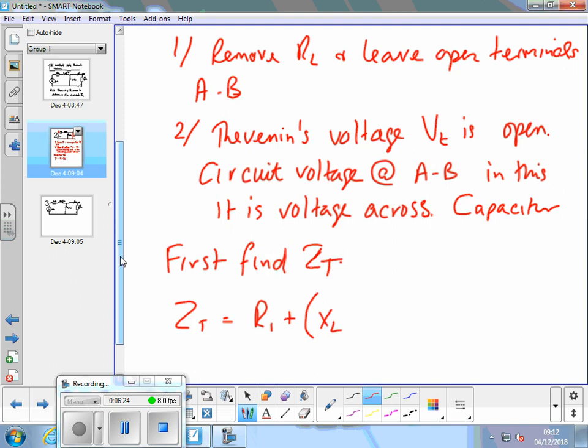XL minus XC, close the brackets, J. That's the total impedance of that RLC series circuit. We went through that last week. I think really you'd be expected to know that, because all it is is impedances in series. You should remember that XL is a plus J term and XC is a minus J term.